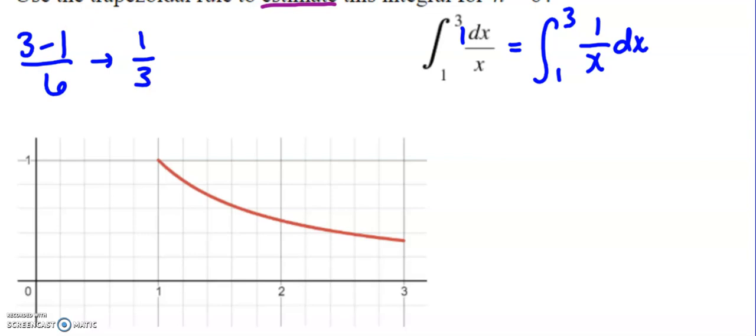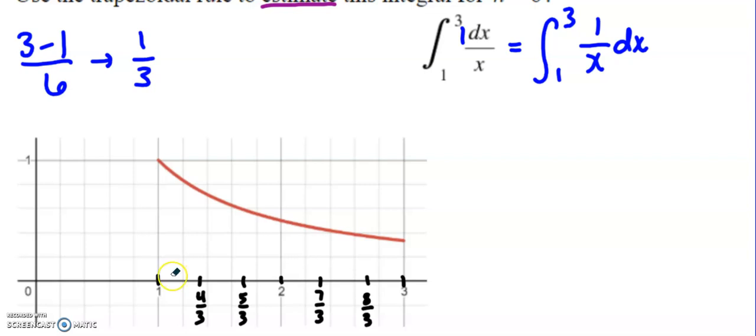So I know I'm supposed to start at 1, and then I'm supposed to move a third out. So 1 is the same thing as 3/3. So then I would be at 4/3, then 5/3, then 6/3, then 7/3, then 8/3, then 9/3. So here are my 6 trapezoids that I'm going to work to find the area of.